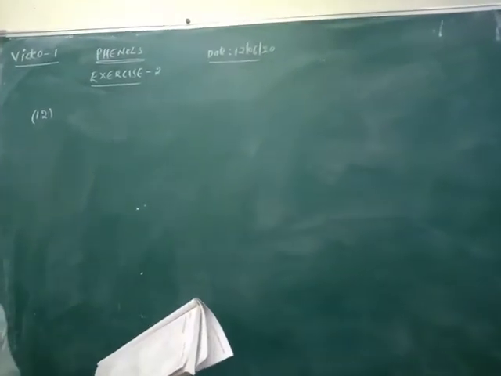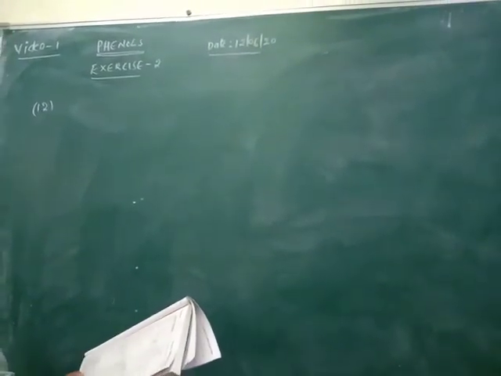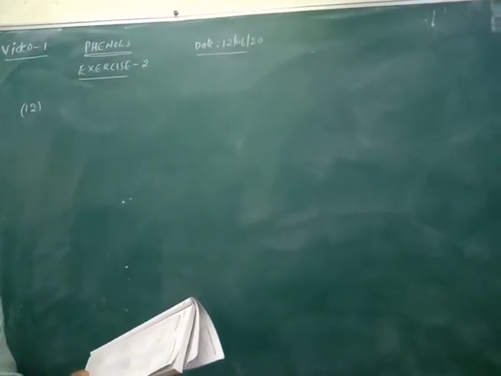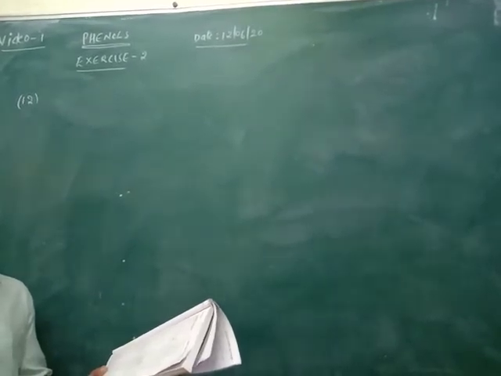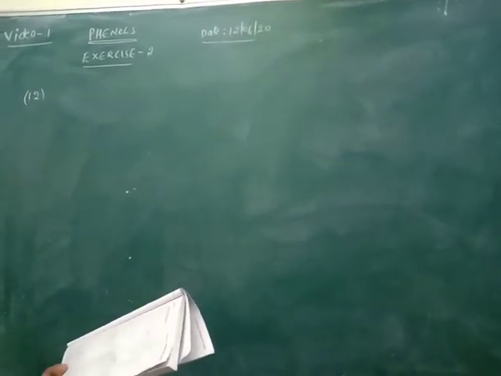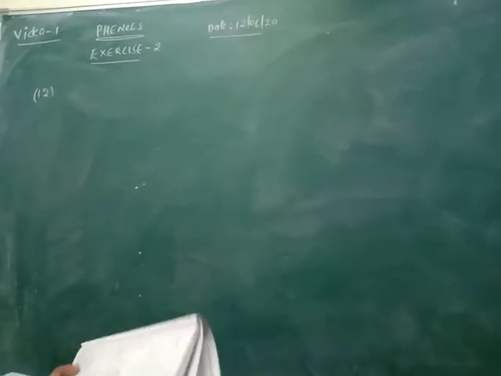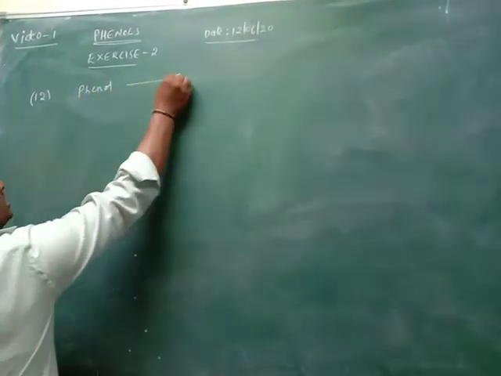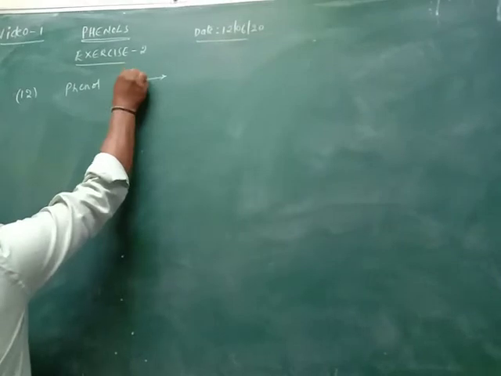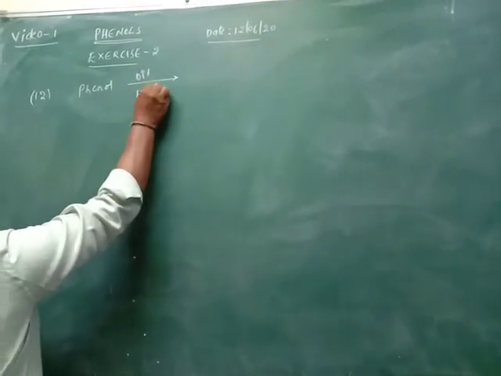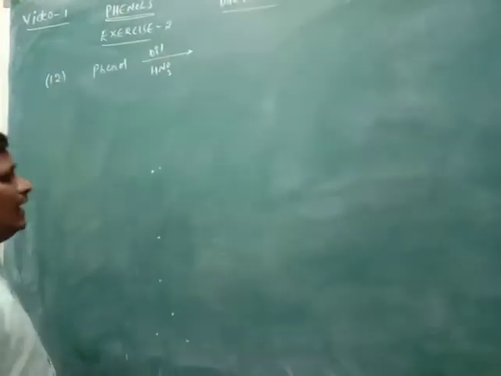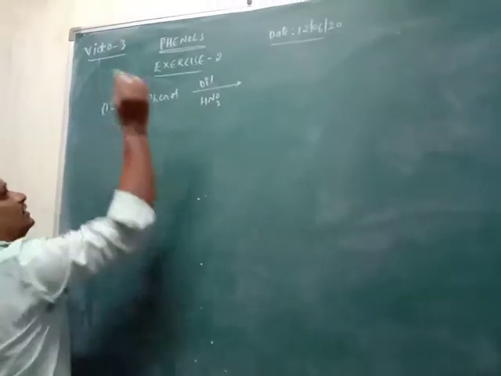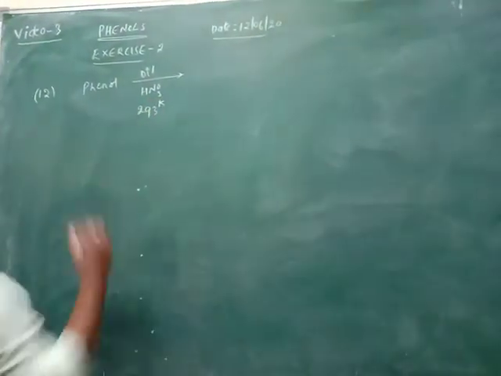Question 12: which of the following is the major product formed when phenol is treated with dilute nitric acid at 293 Kelvin? So phenol is treated with dilute nitric acid at 293 Kelvin temperature.